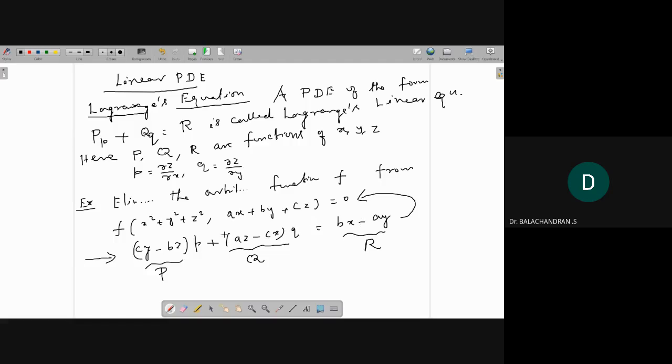So the solution is usually of the form f of u comma v equal to 0. Already in the elimination of arbitrary function, the solution is given. We form the PDE. Now the process is reverse.